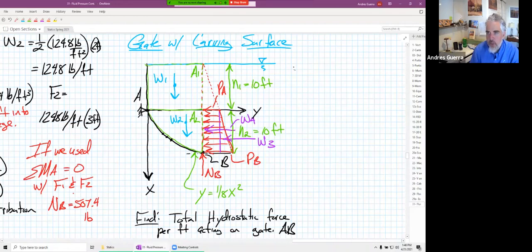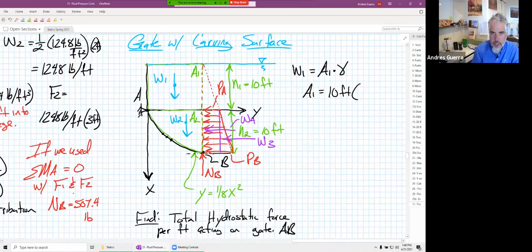So W1 is going to be equal to A1 times gamma. A1 is equal to 10 feet times, we need to figure out what this dimension here is. Isn't that the Y value at that point right there? Wouldn't that be 1/8 times our X value squared?